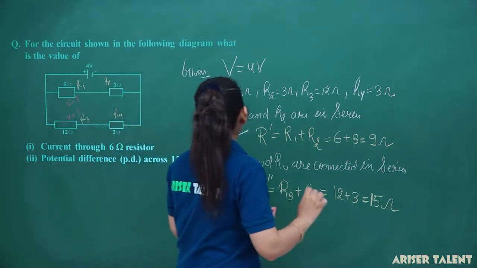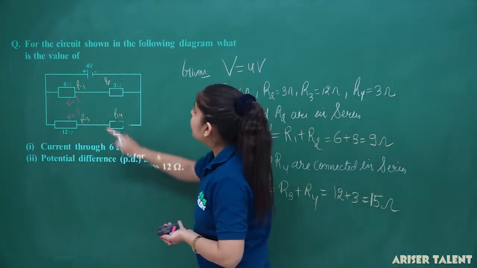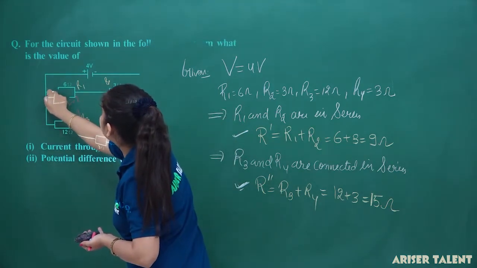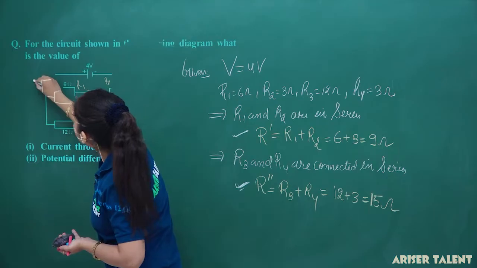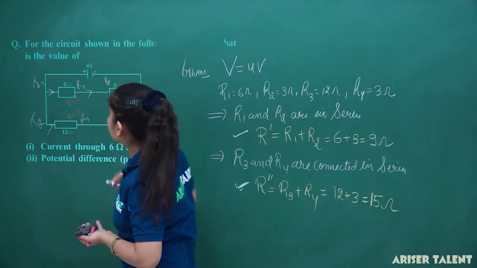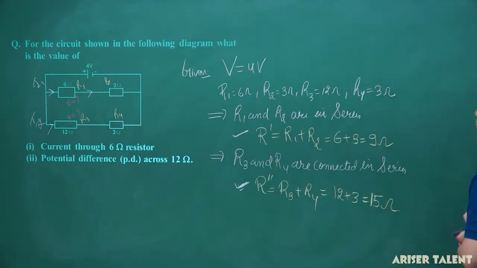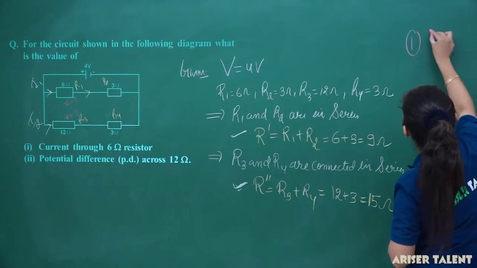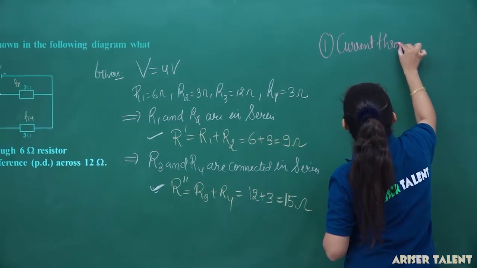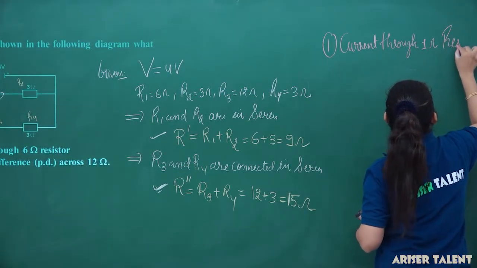Now what you have to calculate here is the current through the 6 ohm resistor. It means the current will go in the entire branch here. So I can write it as I1, and current in this branch I can write as I2. Now current through the 6 ohm resistor, that is our part 1. So we are calculating the current through the 6 ohm resistor.